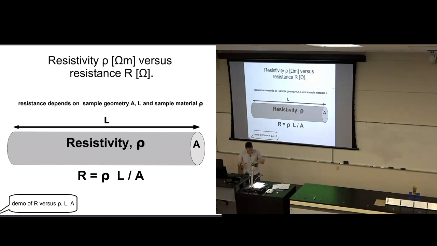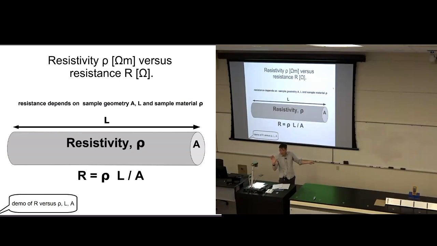So put that all together and you get the equation that's at the bottom of this slide. The resistance of the wire as a whole is equal to the resistivity, so that's the material it's made from, and there's tables of resistivity, times the length, the longer the wire, the greater the resistance, divided by the area.